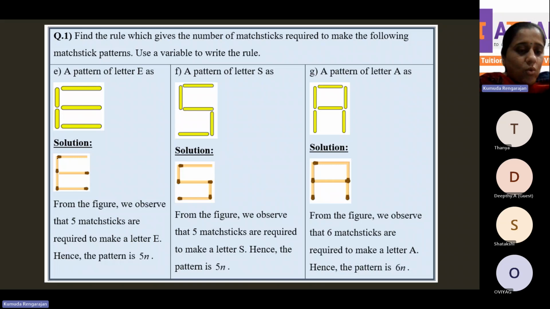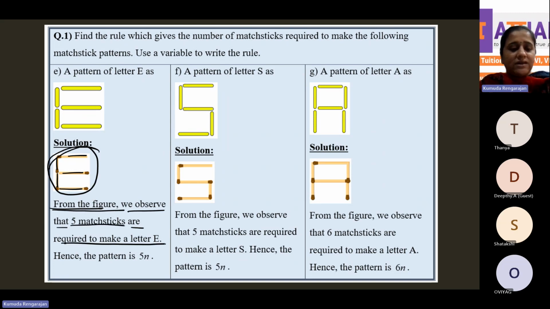So 1, 2, 3, 4, 5. You need 5 sticks from the figure. So from the figure, we observe that 5 matchsticks are required to make the letter E. Hence the pattern is 5n.